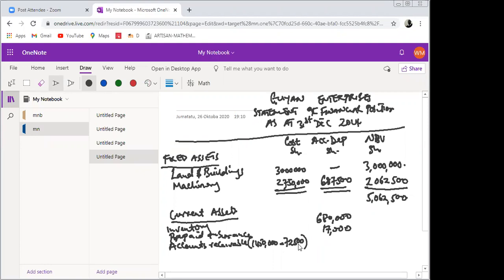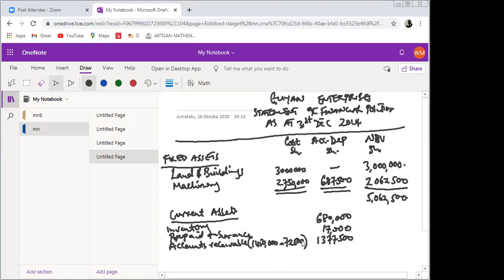How much are you getting? 1,377,500. Yes. That is what we are sure of receiving. So you must also be very careful. Once you have calculated the doubtful amount, you must make sure you deduct it from the receivables, because you are not sure. Receivables is what you expect, and what is doubtful, you cannot include it.